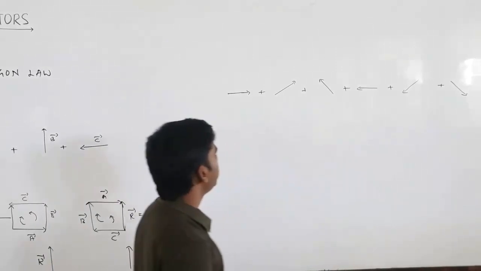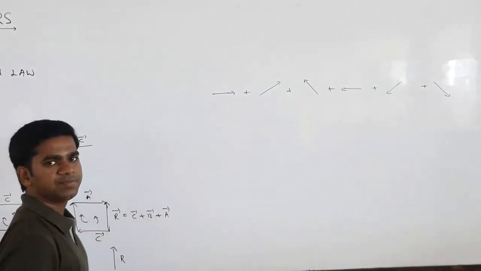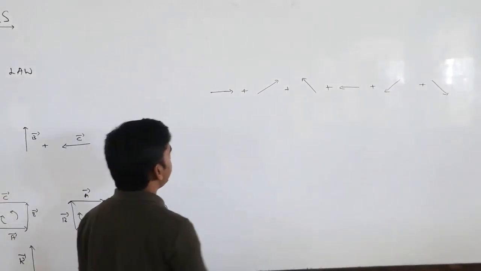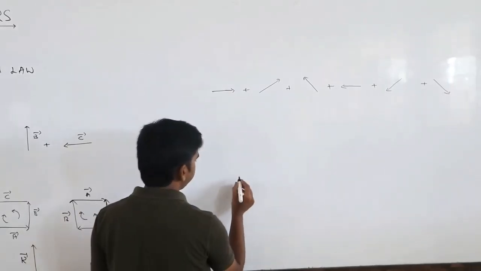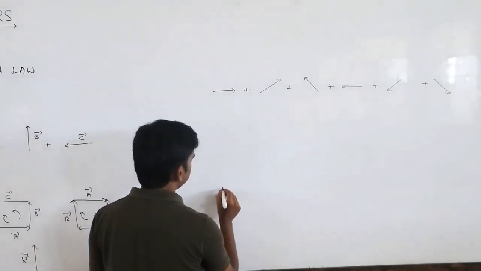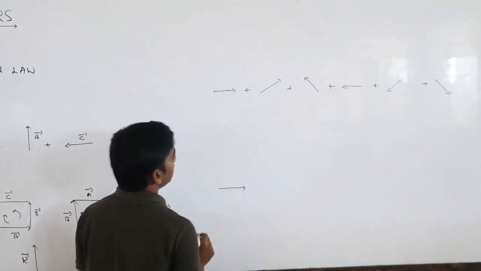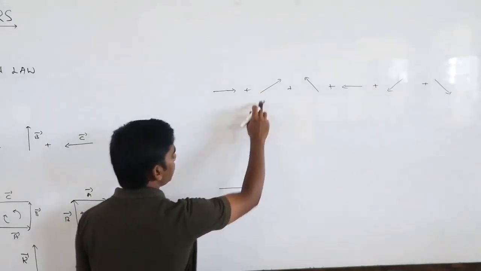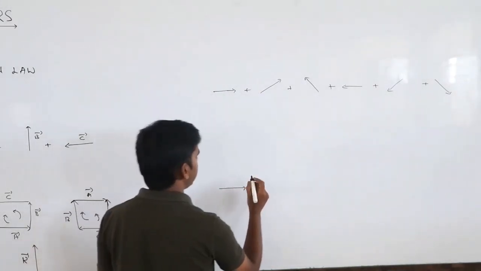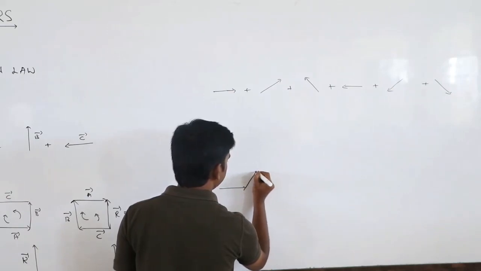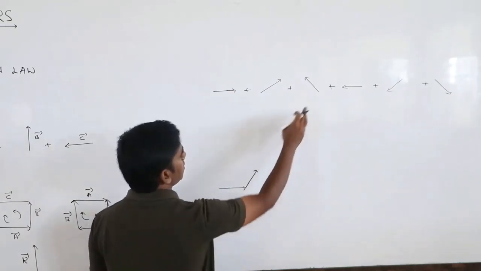Suppose this is the case, let's see what happens. It starts from here, so I take the first vector over here. For the second vector, the tail should coincide with the head of the first vector.